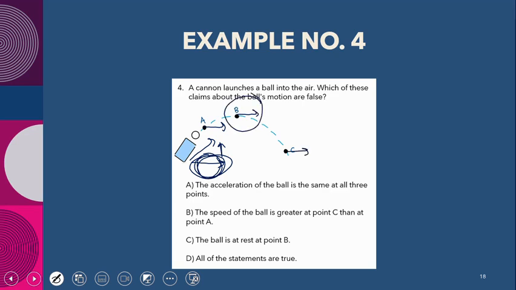So although we understand that there is momentary rest up at point B, that's only vertically. The ball is still going to be moving in this horizontal direction, with that horizontal velocity. So the ball is not at rest at point B. This is a false statement, so C is the correct answer.